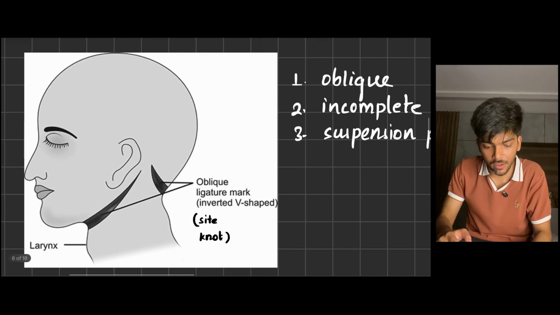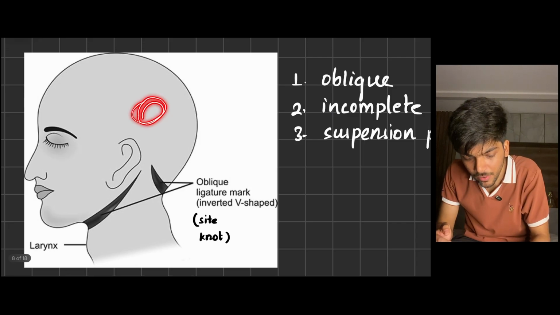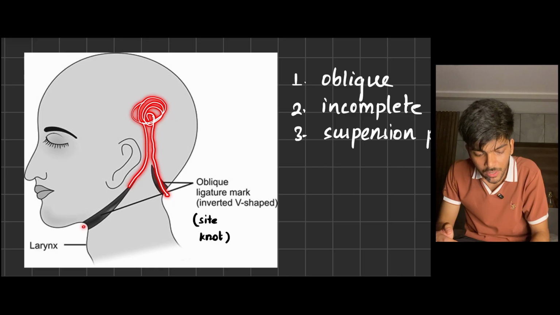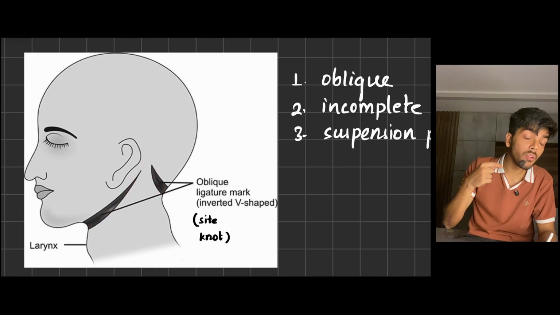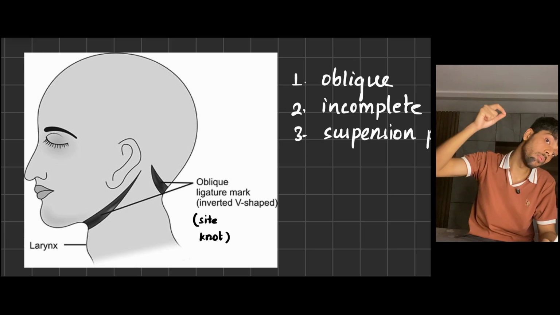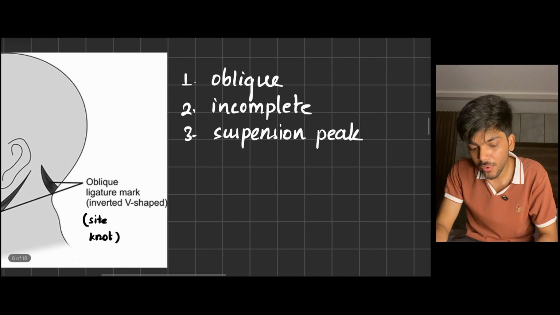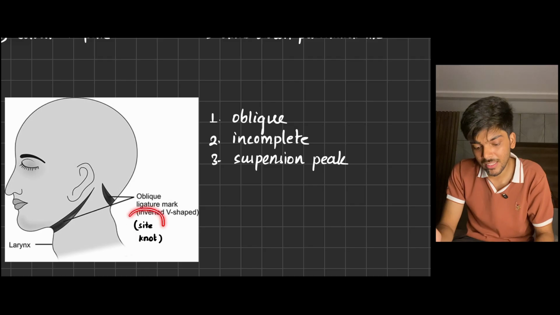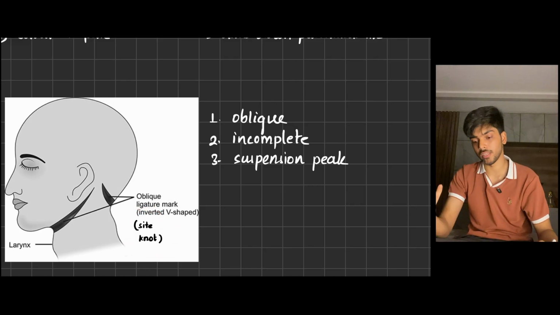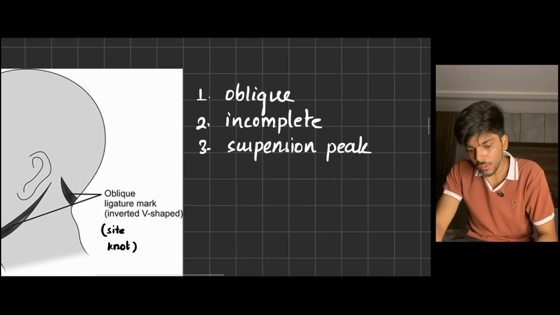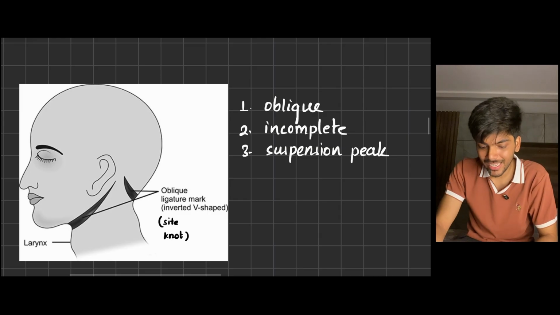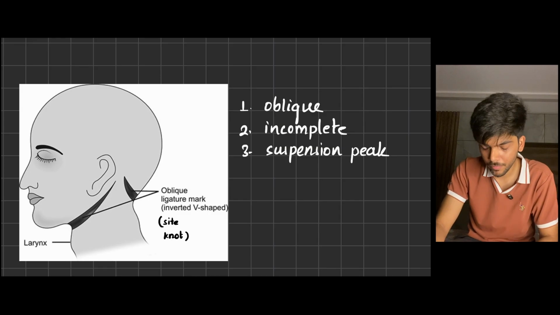Just like here, this is where the knot is tied, and then here's the ligature, giving us this inverted V and showing exactly the point of the neck where the suspension of the body takes place. This is referred to as the suspension peak. This is the site of the knot, the site of suspension. Okay, so it's oblique, it's incomplete, and it has an inverted V like suspension peak.